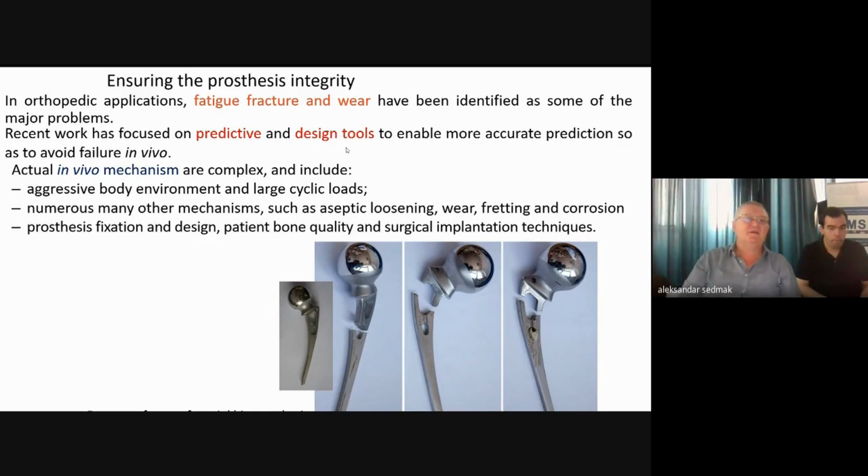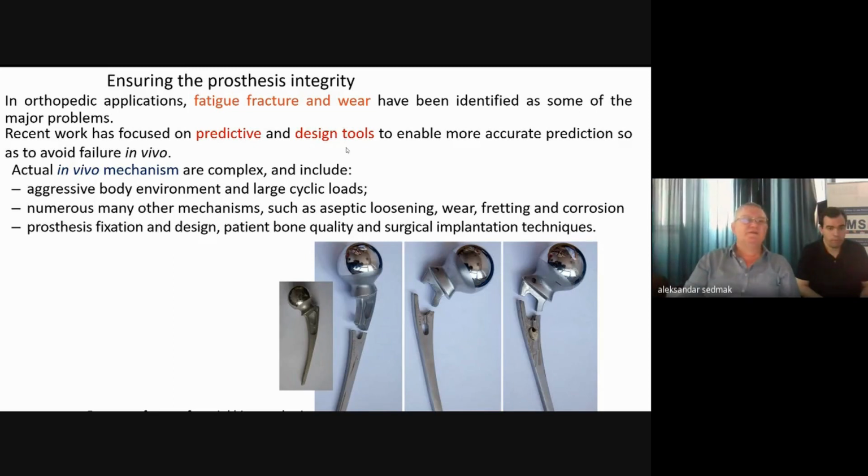So fatigue, fracture and wear are actually major problems. And this is why we focus mostly on fatigue. You will see later on. Of course, there will be some classical design issues and stress state calculation and evaluation. But don't forget also that wear makes problems very often.